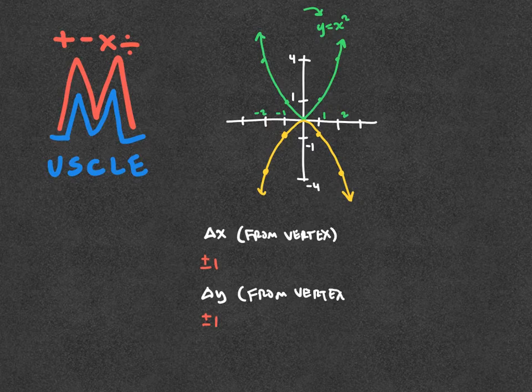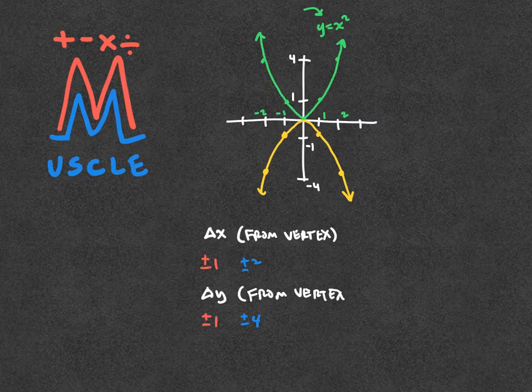Okay, what if the change in x is 2? Well, if the change in x is 2, the change in y should be positive 4 or -4. Same thing over here. Change in x is -2. Change in y will be 4 or -4. Okay, so plus or minus 2 will give us plus or minus change of 4.